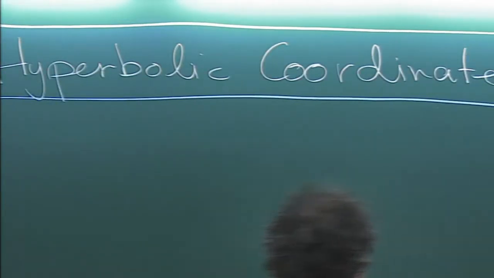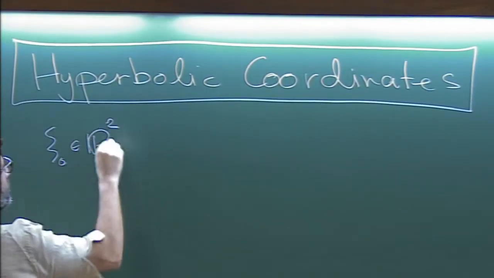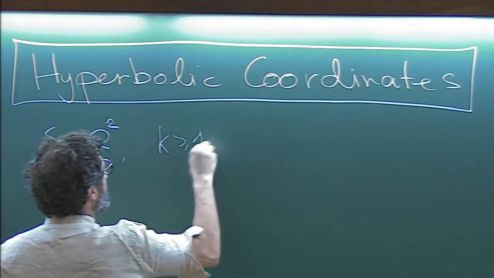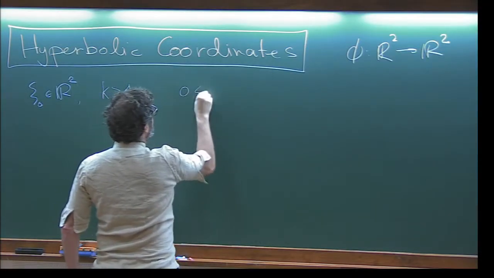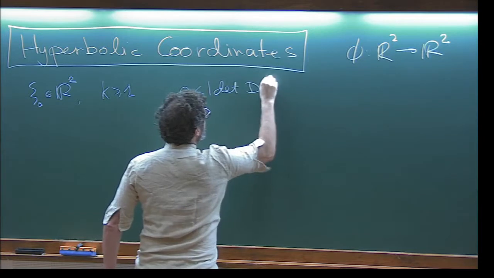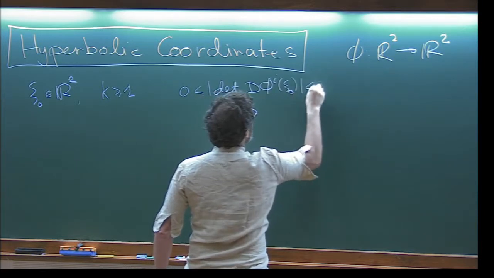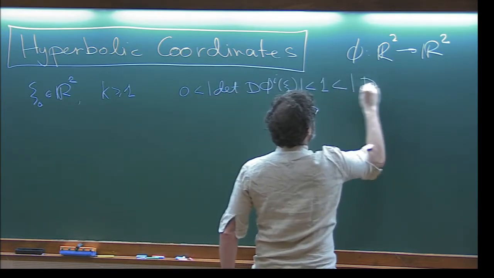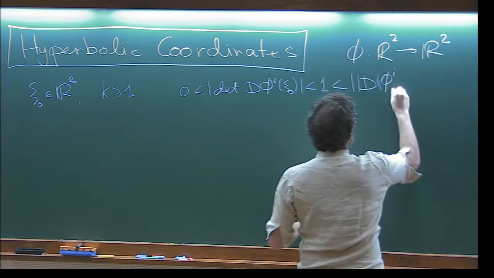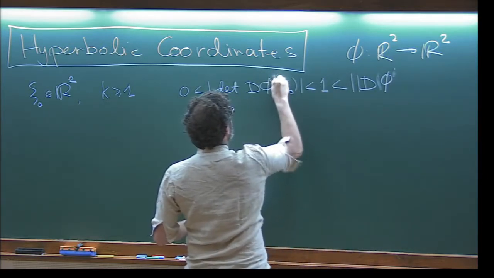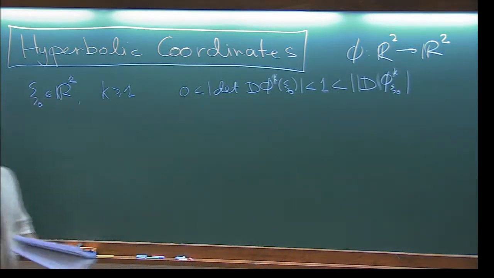And let's suppose that we have some psi 0, some point in R2, and some k greater than or equal to 1, okay, such that the determinant of d phi at psi 0 is less than 1, which is less than the norm of d phi, which is less than k. So what does this mean?